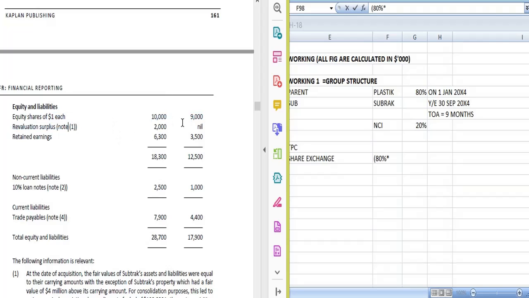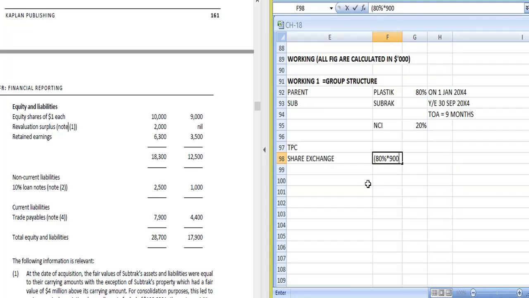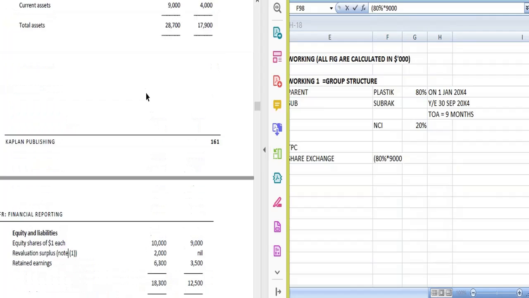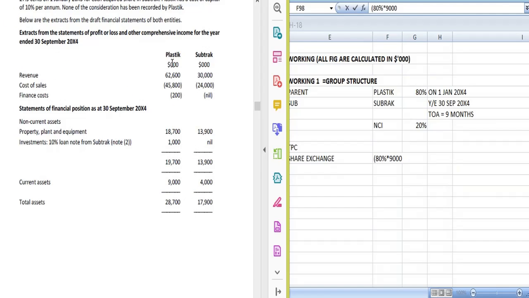The 9,000, we have already taken this 30 in thousands, so I am writing 9,000. Because in the question, all the figures have been given in thousands. Here you can see, so be careful with this. If this has not been mentioned in the question, you can take the full figure.